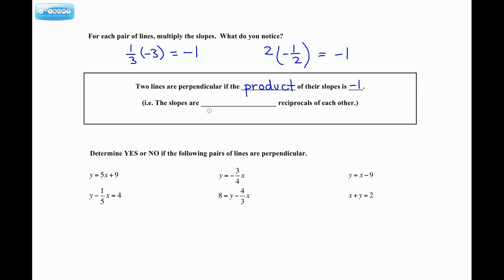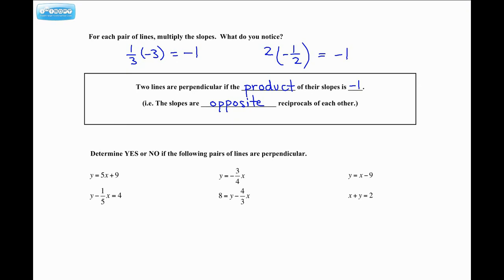Hence, the slopes are opposite reciprocals of each other. To go from one to the other, you take the slope as is, take the reciprocal, flip it upside down, and then change the sign. If it's positive, it becomes negative. If it's negative, it becomes positive.